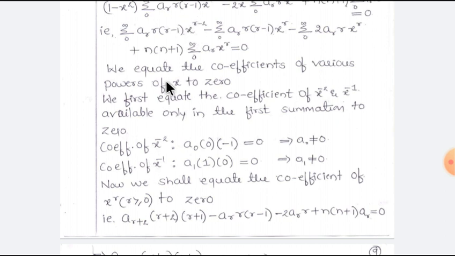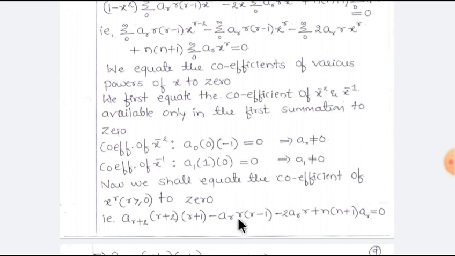So in the first term put r equal to r plus 2, we get a(r plus 2) into r plus 2 minus 1, which is r plus 1, and it is in terms of x to the power r.